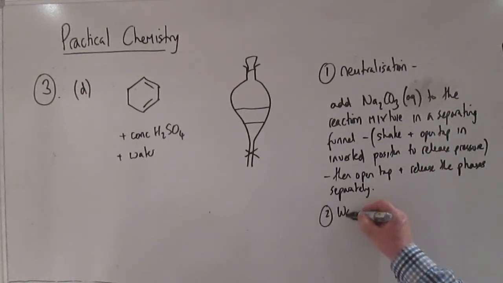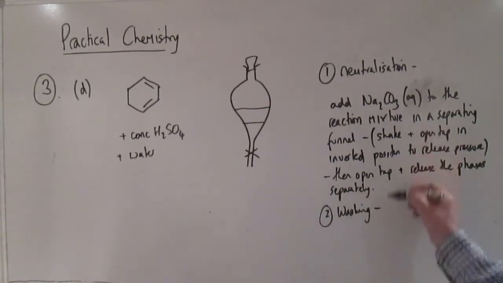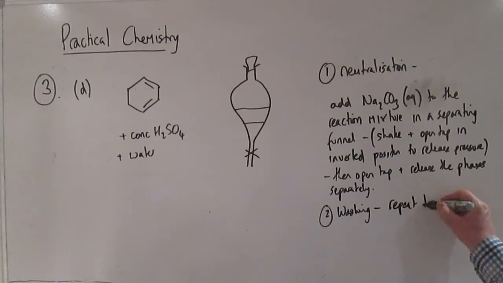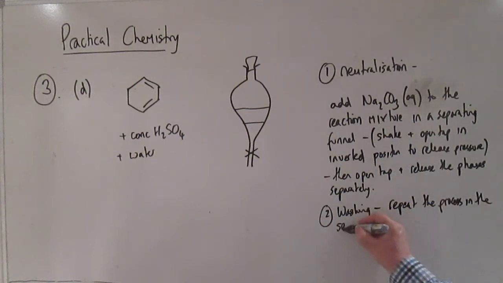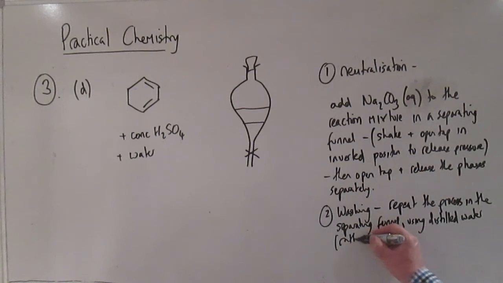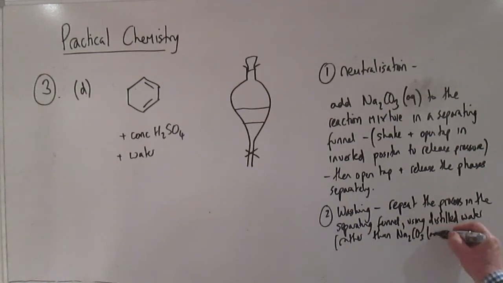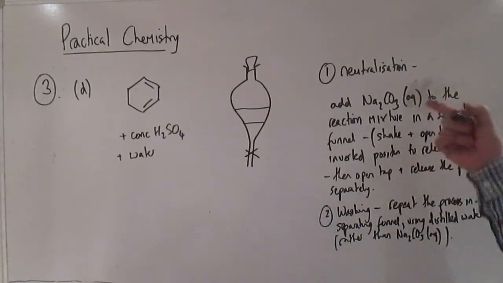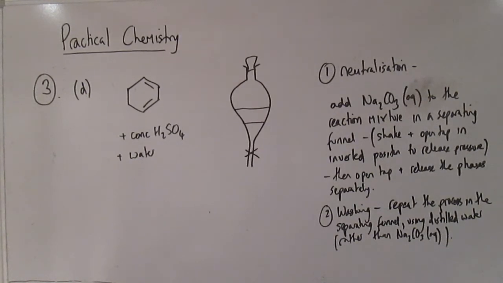So the second thing is washing, which just means that you repeat the process in the separating funnel using distilled water rather than the aqueous sodium carbonate. Okay, so that is important because otherwise you've got rid of your acid, but you've added a different contaminant because you won't be able to get rid of all the sodium carbonate, but you can do by washing it away.